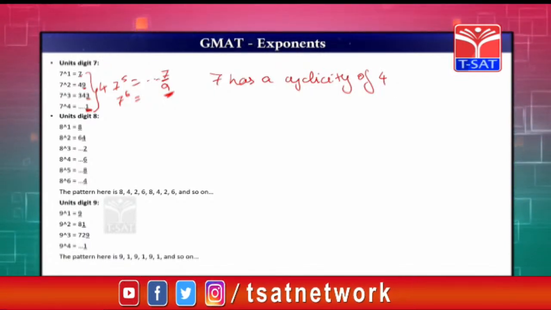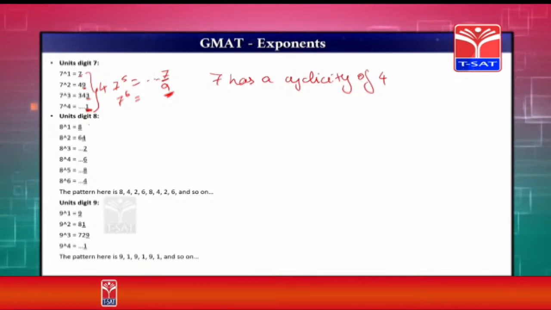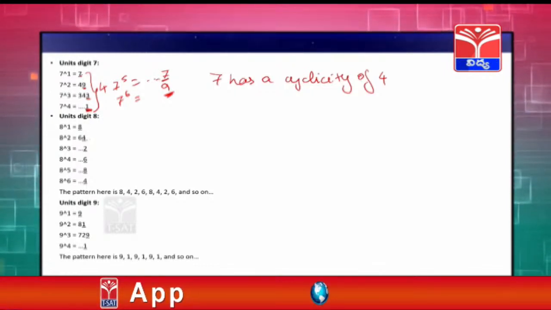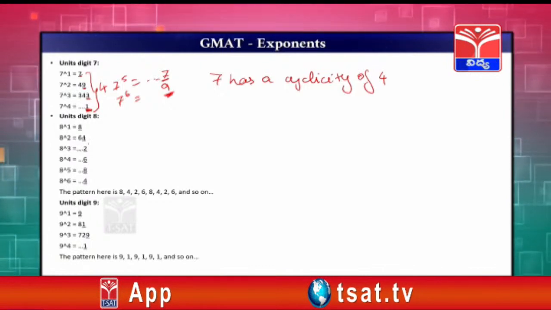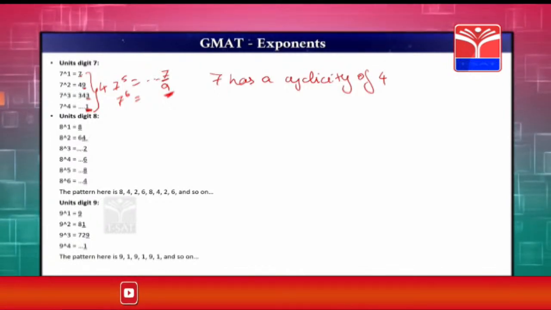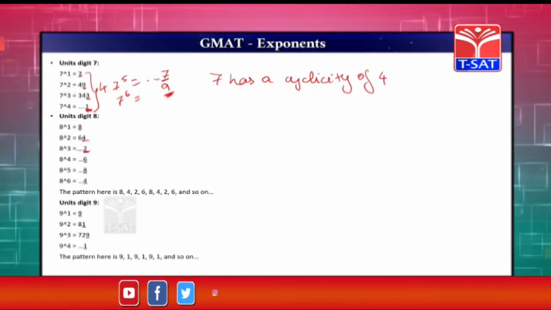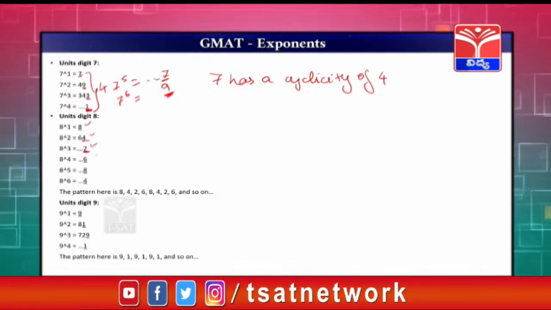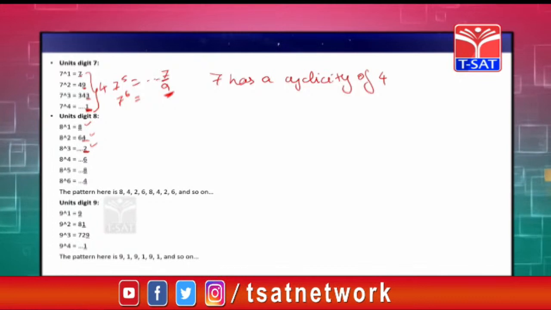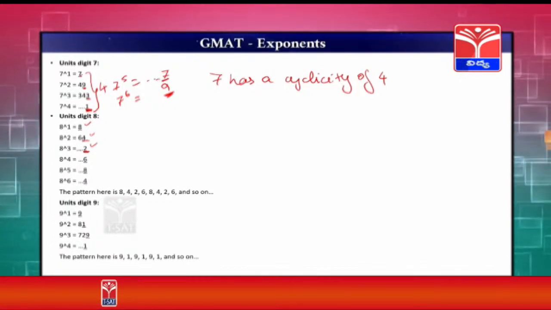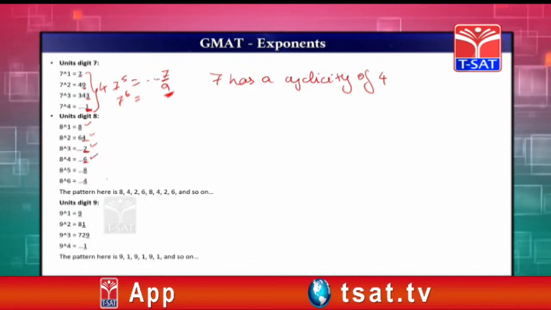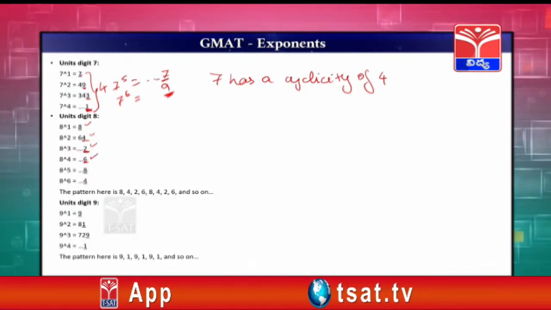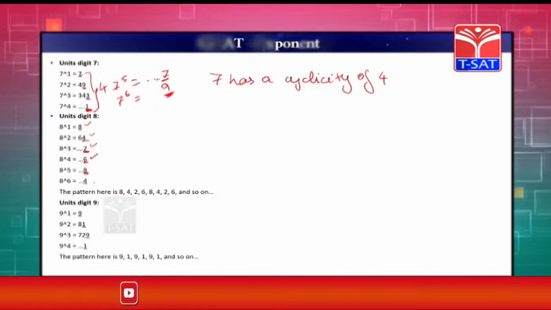Let's look at what happens when the units digit is 8. 8 to the power of 1 is 8, 8 squared is 64, and for 8 cubed you don't need to calculate the whole thing, just 8 times 4 gives 32 with 2 at the units digit. And 8 to the power of 4 is 8 times 2, that is 16, with 6 in the units place. 8 to the power of 5 is 8 times 6, which is 48 with 8 at the units digit, so you get 8.